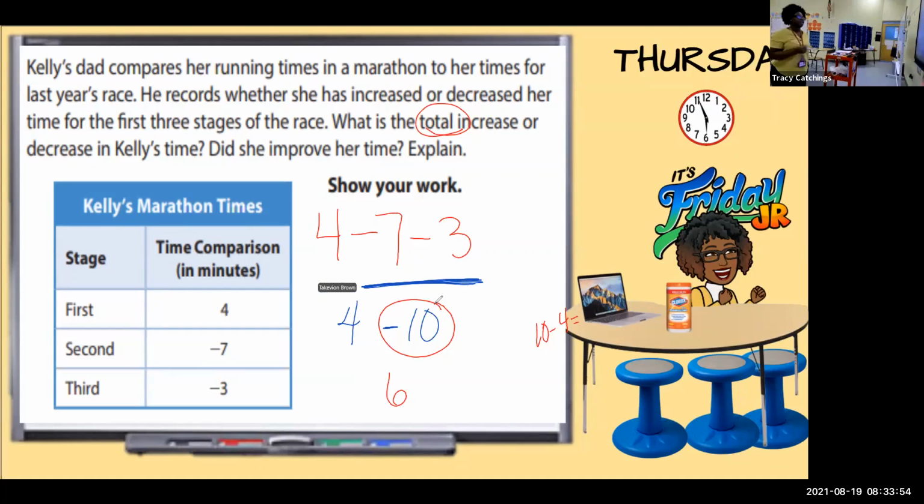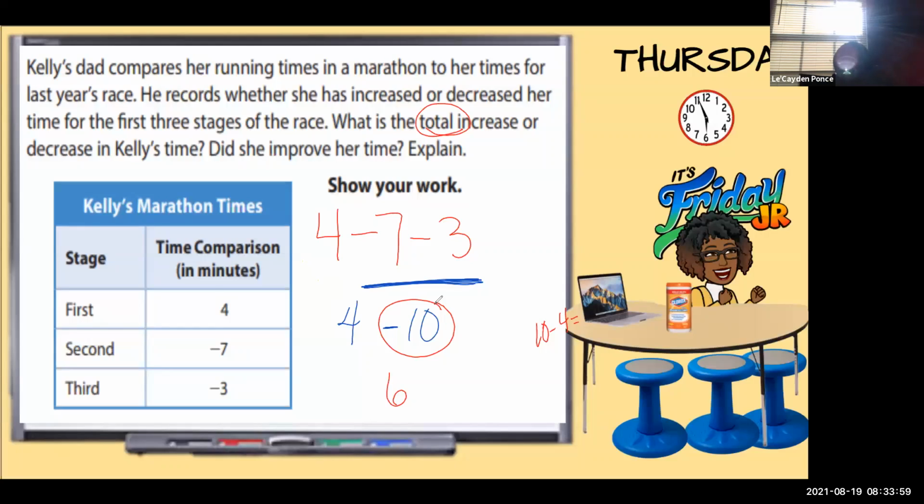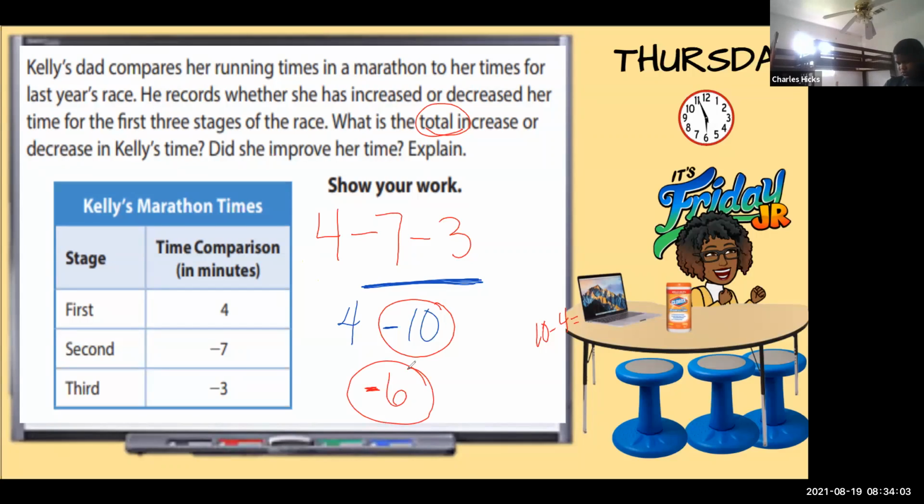If you look at the value of 10, what sign is in the front of it? A negative. So that means 6 would also be negative. So that's what we mean about subtracting values when they have different signs and taking the sign of the larger number. So overall, she has -6.